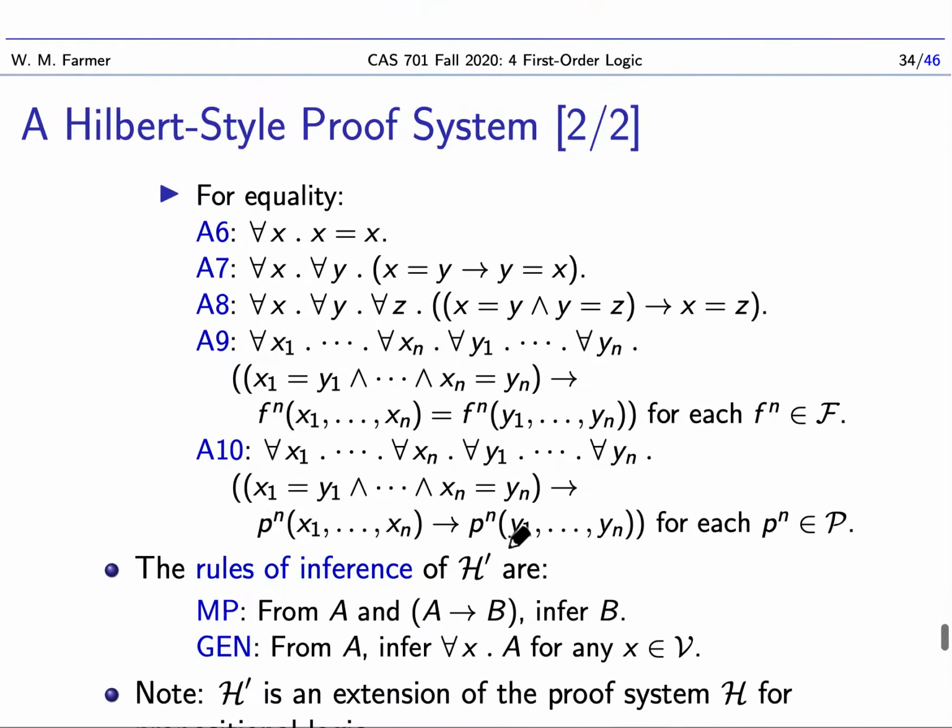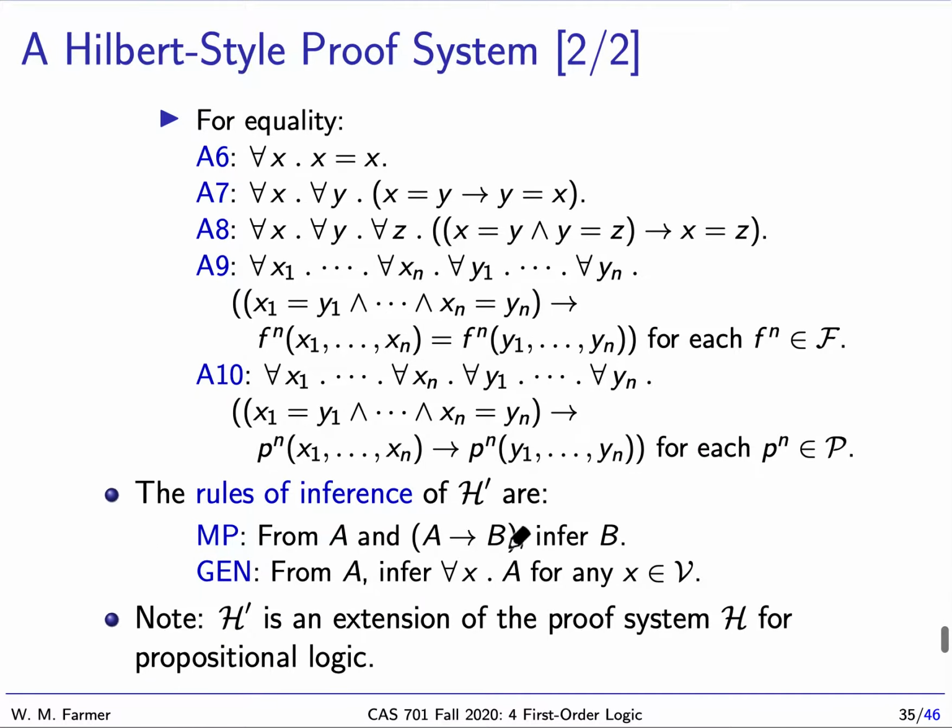Now, there are also axioms for equality. And these axioms basically guarantee that equality is a congruence. And I'll remind you that we are assuming that in every interpretation, if equality is in our language, the interpretation must interpret equality as a congruence.